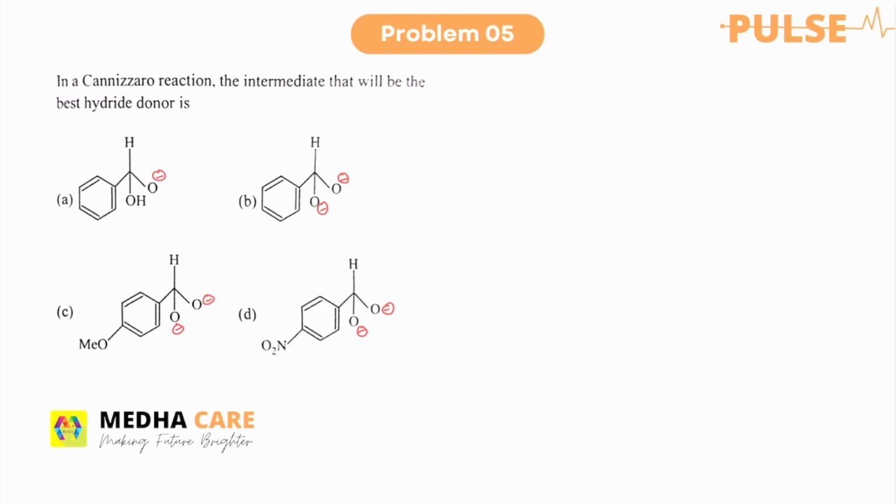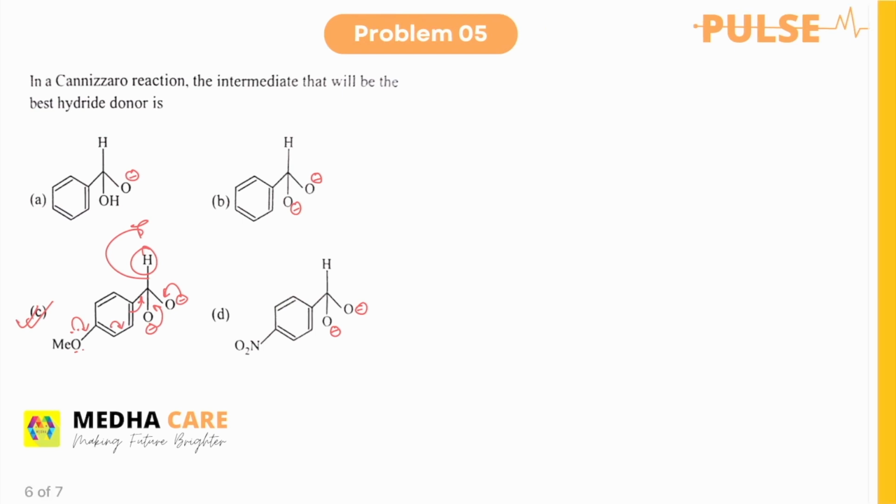Now see, among these options, option C has the highest electron density. You can see the lone pair of this methoxy group can be donated to the benzene ring, along with these electrons, and this hydride will be removed. So with more electron density, it will be easier to remove the hydride ion. That's why the best hydride donor in this case will be option C.